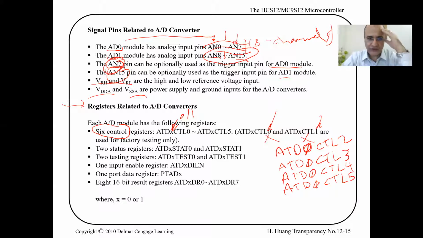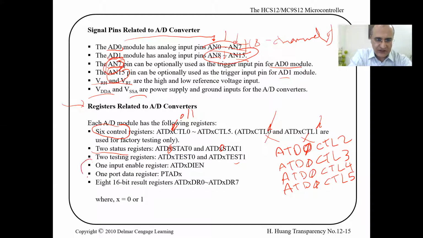We're going to look at each one of those. So we have 4 control registers that we use. We have 2 status registers, A to D 0 stat 0, A to D 0 stat 1, and 2 testing registers, test 0, test 1.